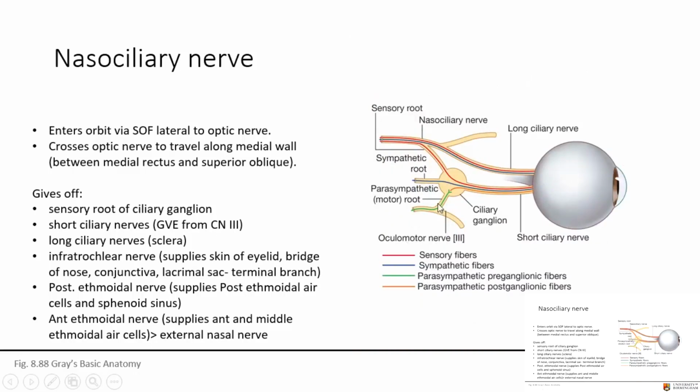So these are the fibers that are hitchhiking here, parasympathetic, and that will go into the ciliary ganglion to the part of the eye. So these are the short ciliary nerves. That is the one that is carrying the parasympathetic component.